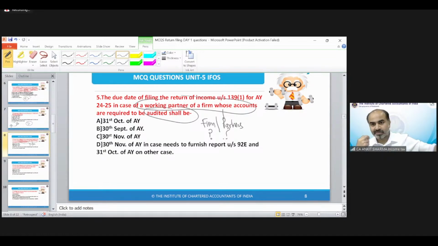Abhishek is saying firm. Bhumika is saying partner. Om Krishnan is saying working partner. Komalpreet Kaur is saying firm account. So what is the meaning of the word whose in this sentence? Are we talking about the firm or about the partners?